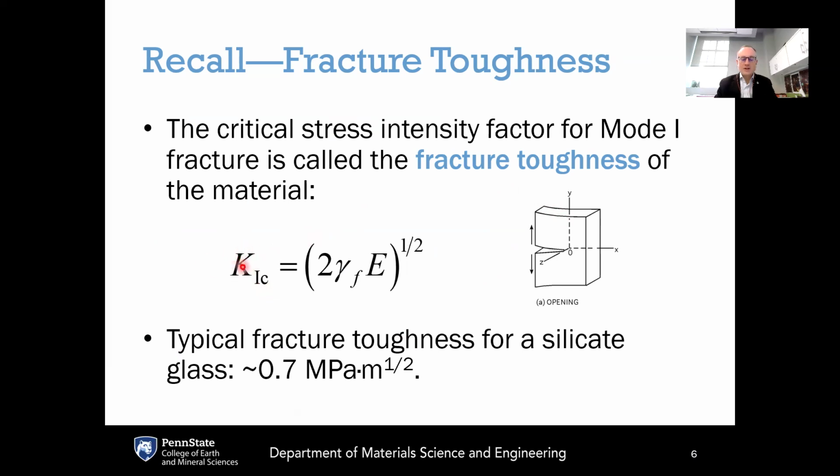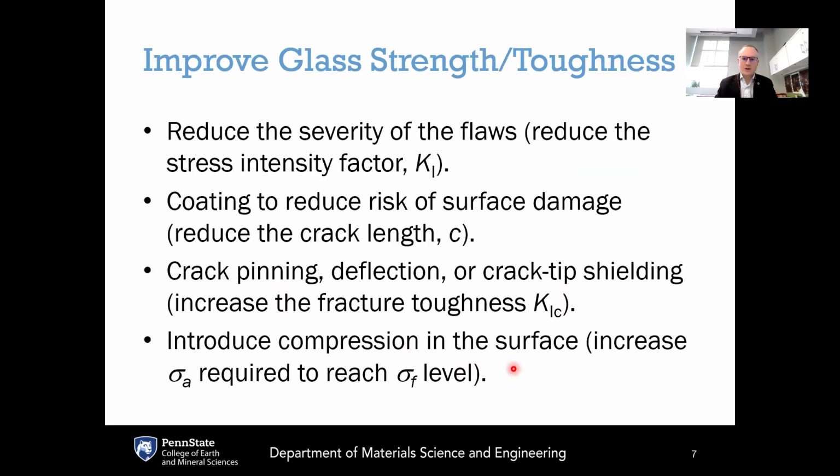K because it is a stress intensity factor, C because it is the critical stress intensity factor, and the Roman numeral 1 here is because this is defined in mode 1 failure. And the typical fracture toughness for a silicate glass is on the order of 0.7 megapascals times the square root of meters.